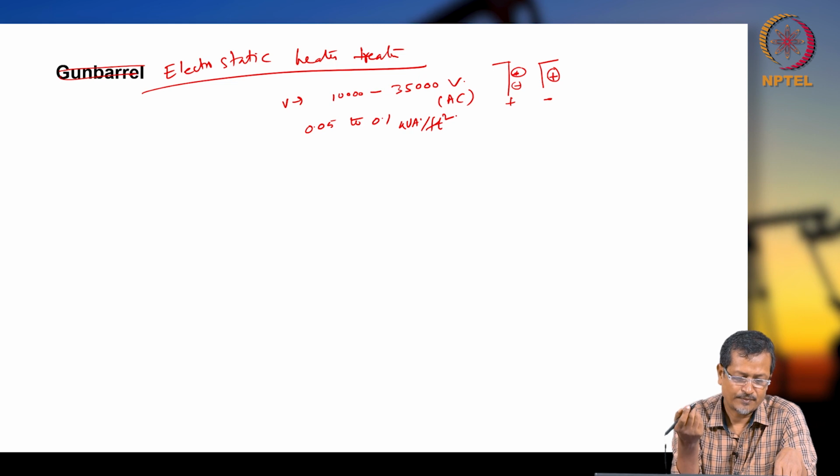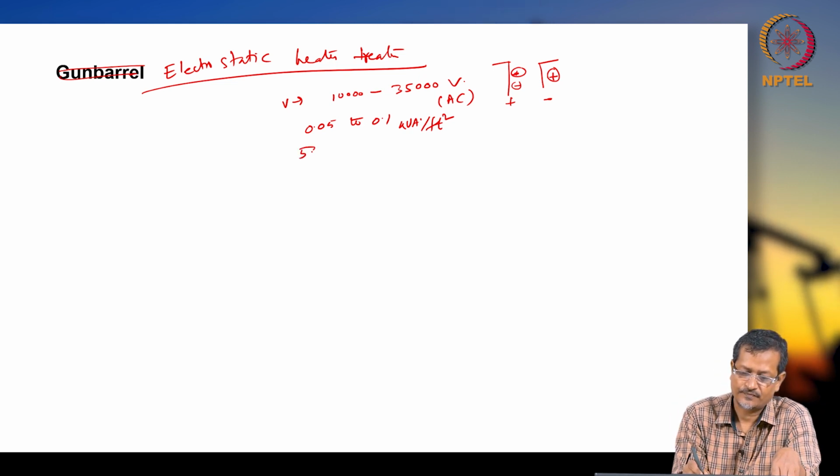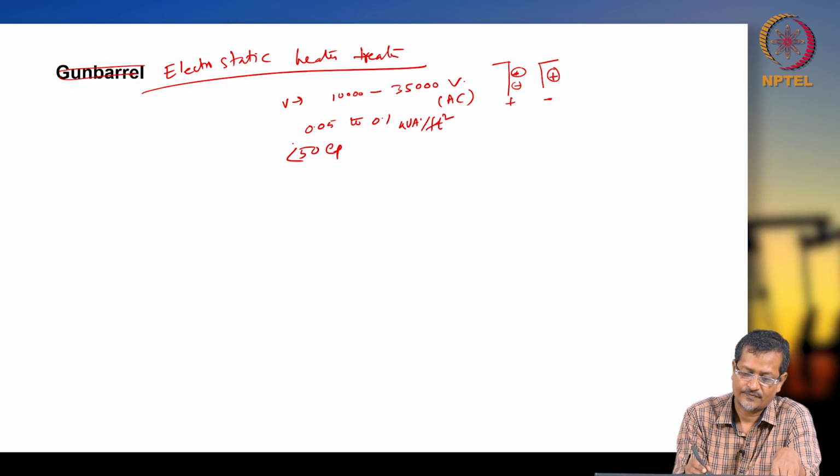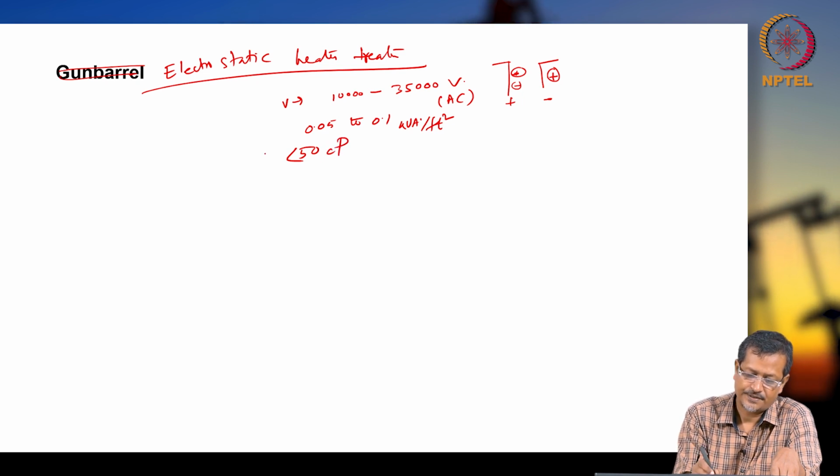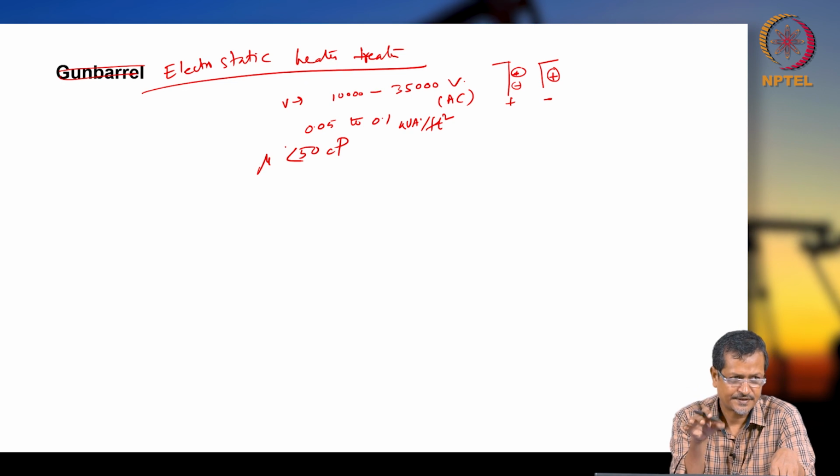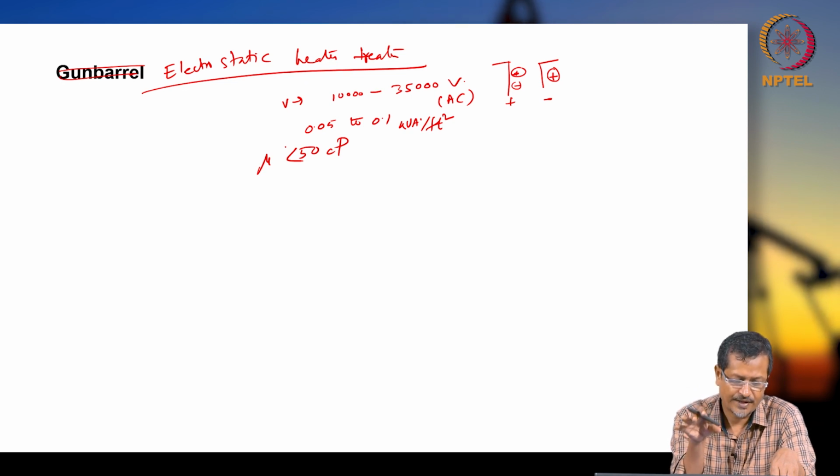The electric field is most effective with viscosity less than 50 cP. In this case, electric field application is very good, very efficient.